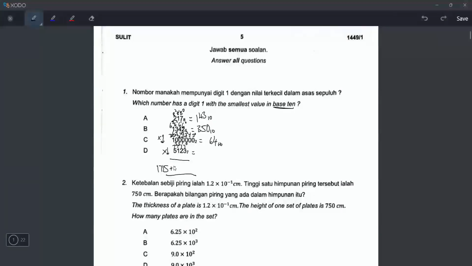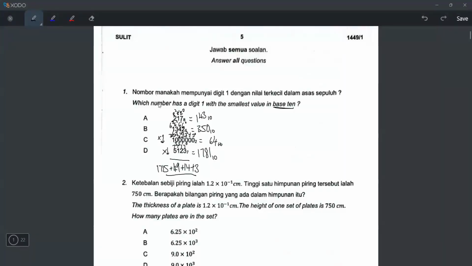We know 7 power 2 is 49, so 49 times 1 is 49. Plus 7 power 1 times 2: 7 times 2 is 14. 7 power 0 is 1, times 3 is 3. Add all this together to get the base 10 value: 1715 plus 49 plus 14 plus 3. I got 1781. So these are all the values in base 10.